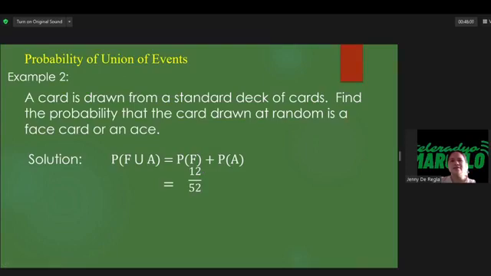So 4 times 3 is equal to 12. So 12 over 52 plus ace, which is 4 over 52. So the answer is 16 over 52, or in simplified form, 4 over 13.